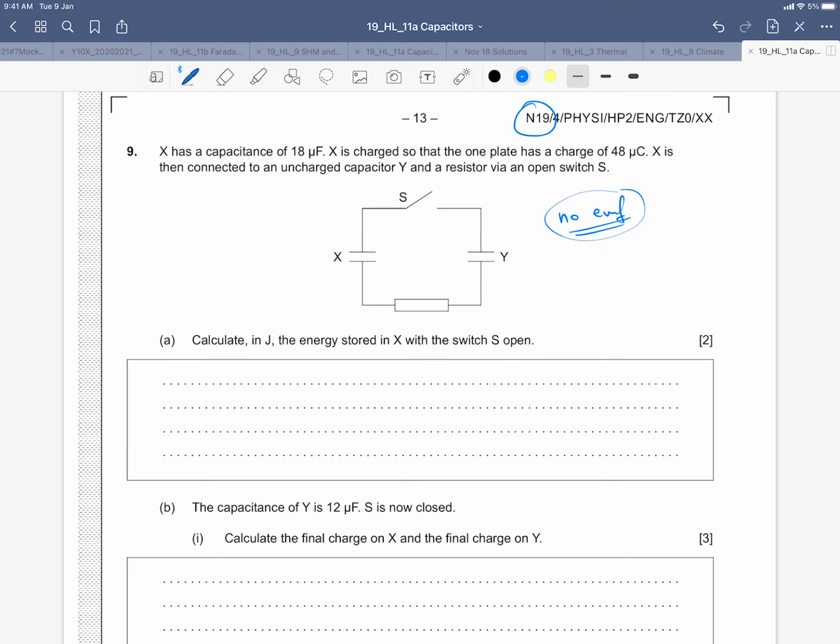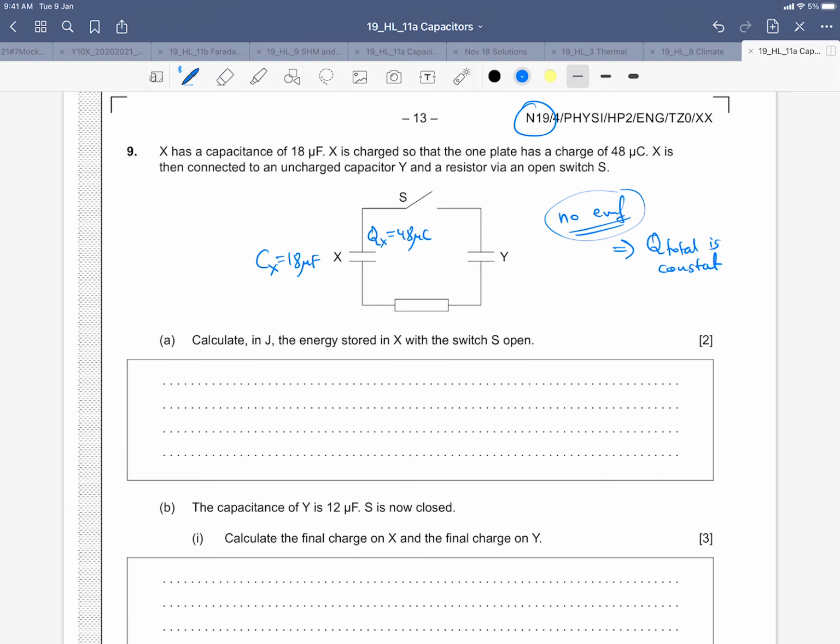So again, that implies Q, total charge, is constant because they can't really go anywhere, and you can't gain new charge from an EMF. So we have a capacitance over here, and excess charge on one plate. Okay, and we know that the charge here is 48 microcoulombs, and then we have uncharged capacitor C.